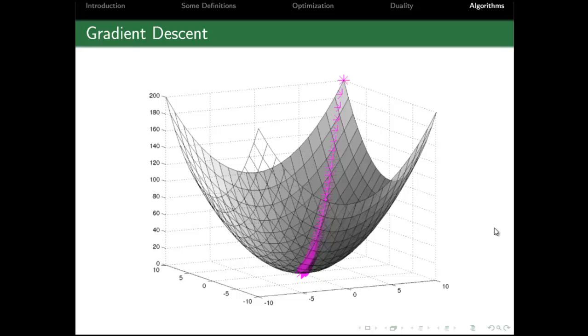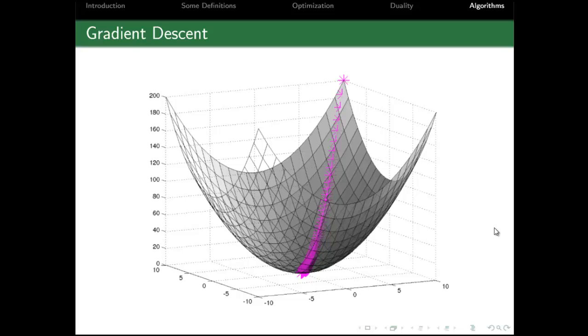Now we look at one of the most popular algorithms, known as gradient descent. This works on convex problems where there exists a minima, and you start from one point at the top and go down according to the gradient. This visualization gives you a three-dimensional surface, which is f of x1 comma x2, say.